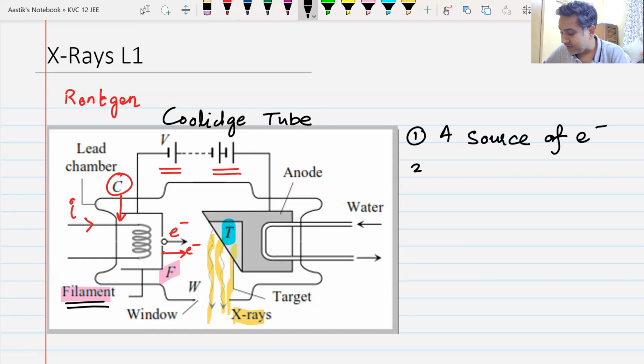What is the second thing that we need? We need an arrangement to accelerate the electrons. How are the electrons accelerated here?